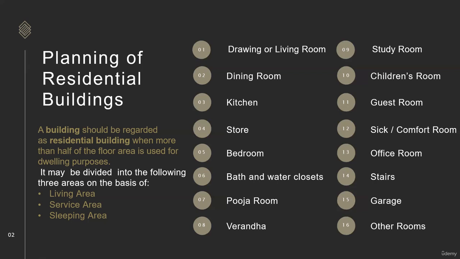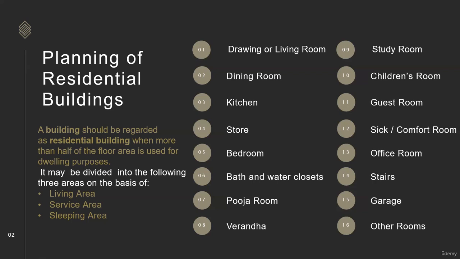The purpose is to spend time with family members and friends, to receive guests, to watch TV, to listen to the radio, or to play indoor games. We will see that in detail next.